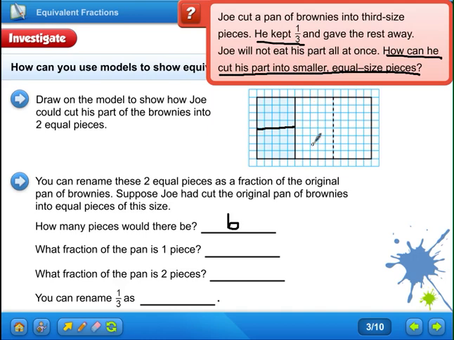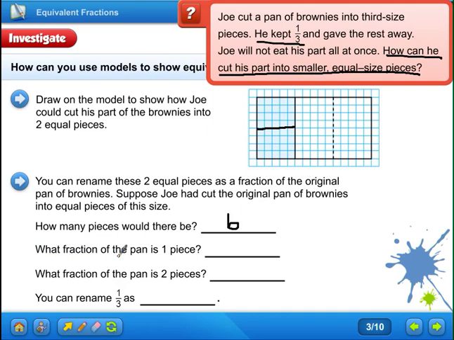If he cut this piece the same way, it would be 3, 4. And if he cut this piece the same way, it would be 5, 6. So we would have 6 pieces.